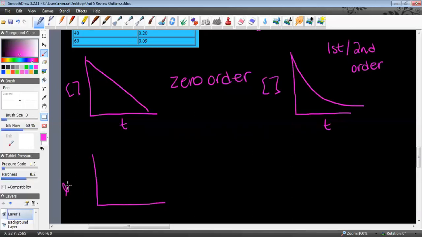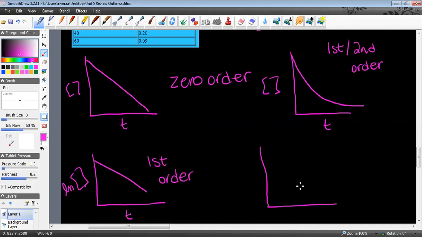If we graph the natural log of the concentration versus time, and it's linear, then it's first order. If we graph 1 over the concentration versus time, and of course we're going to get an increase there, then the reaction is second order.